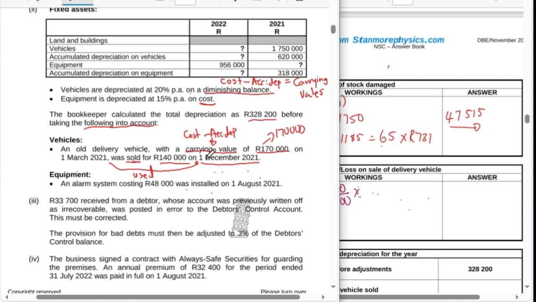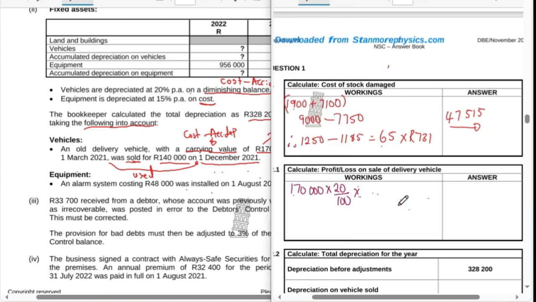And then on the 1st of December, the vehicle was no longer in the business, meaning now we are going to calculate by what? By 9 over 12 months. And then the depreciation on that vehicle is how much?